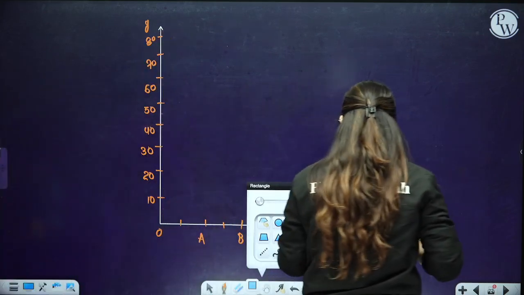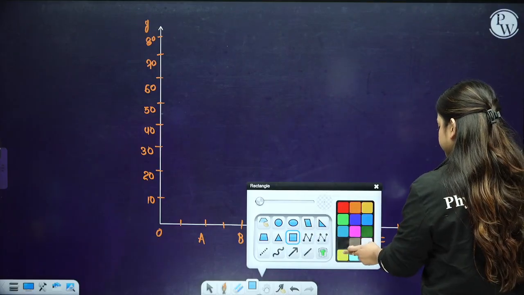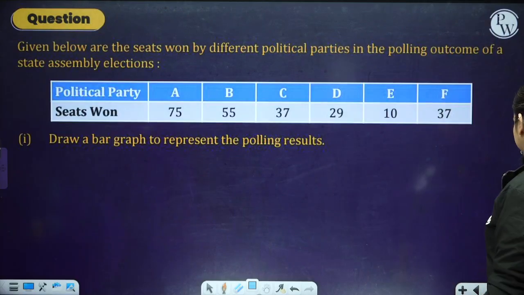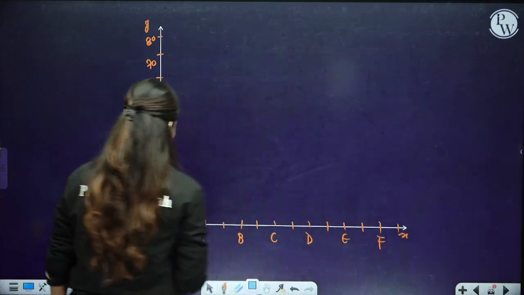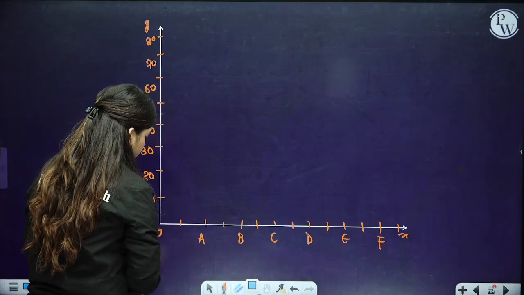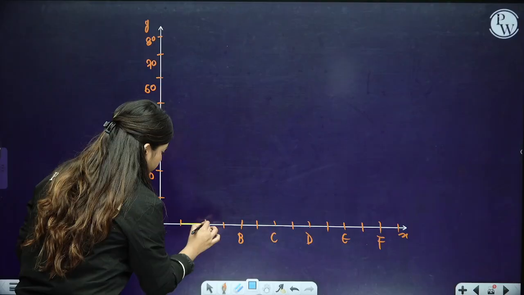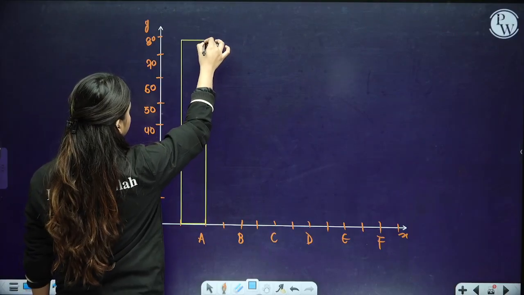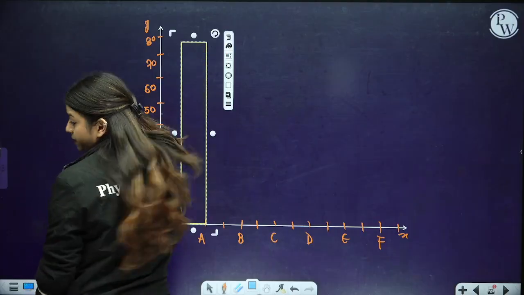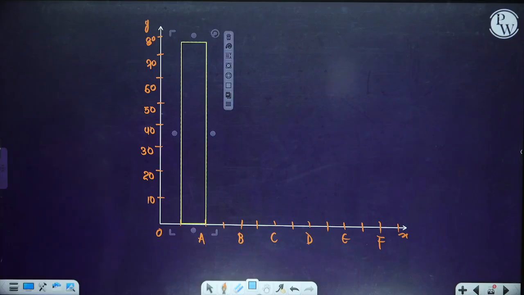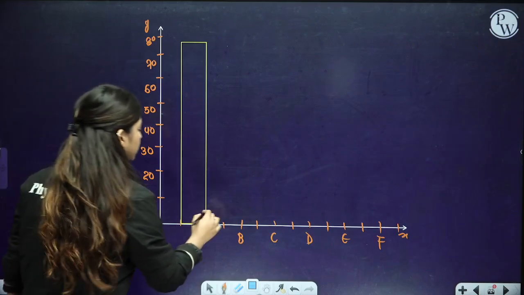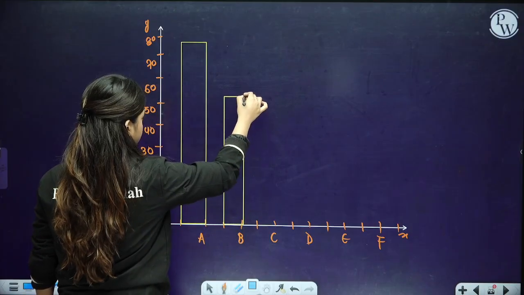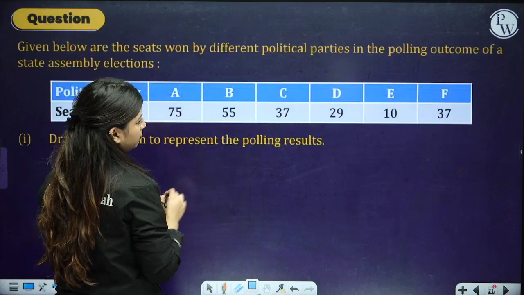Okay, now let's see how to draw the graph. The very first party is 75. 75 means in between 70 and 80. So this is somewhere in between 70 and 80. That becomes your 75. The next is 55. So 55 is in between 50 and 60. That becomes 55.